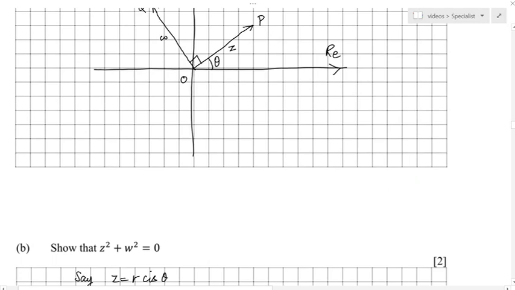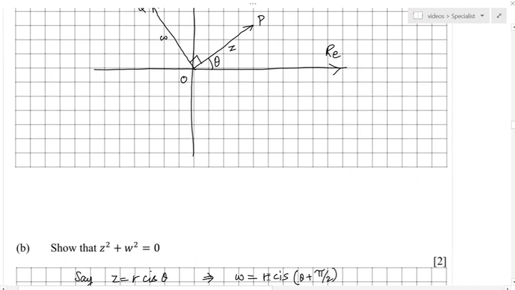So W is equal to r cis, and now what's the argument of OQ? We already know the angle that P makes with the real axis is theta, and this angle is 90 degrees. So that whole angle is theta plus pi over 2, so our W complex number becomes r cis(theta plus pi over 2).